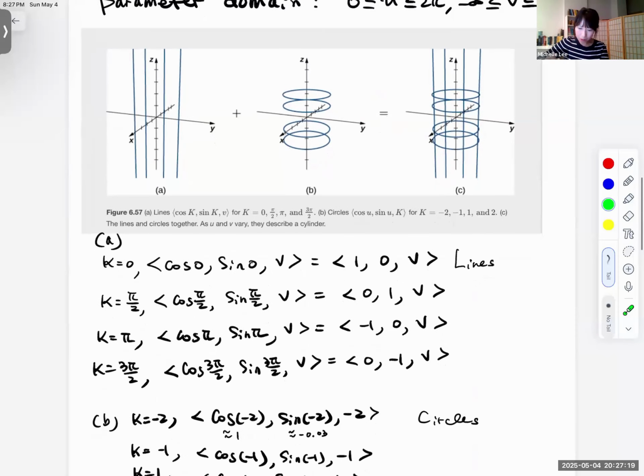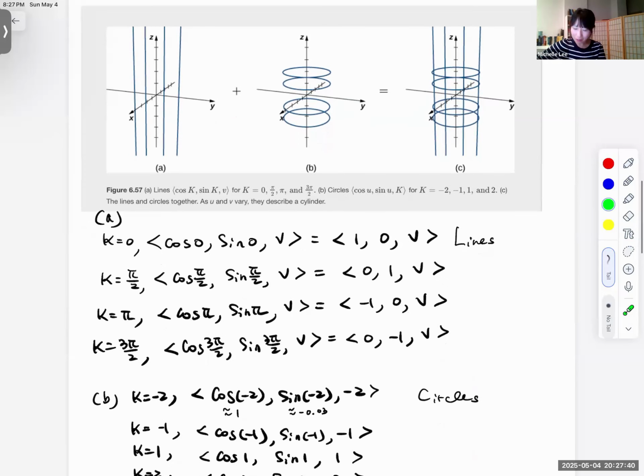Let's take a look at this one. They are just giving us the case when k equals 0. They were using a different variable there, so I just follow that. Sorry about that.